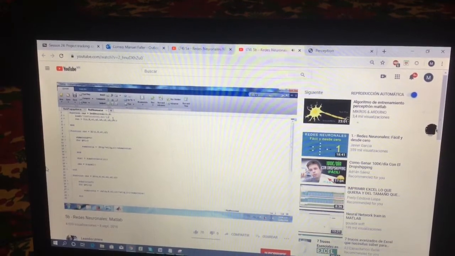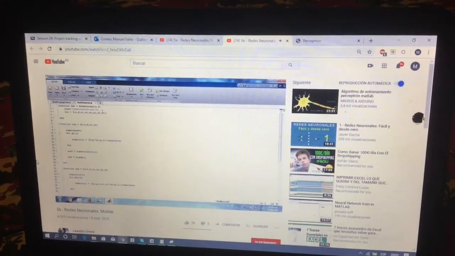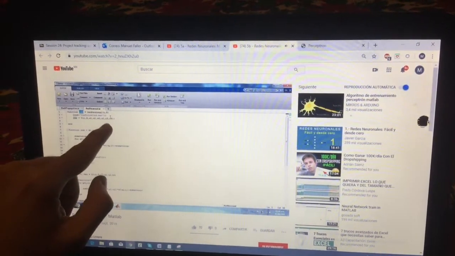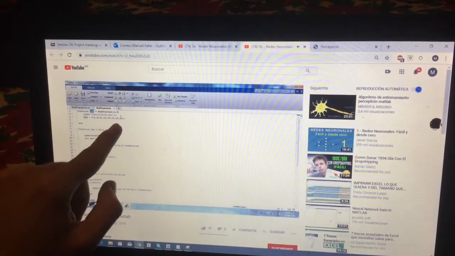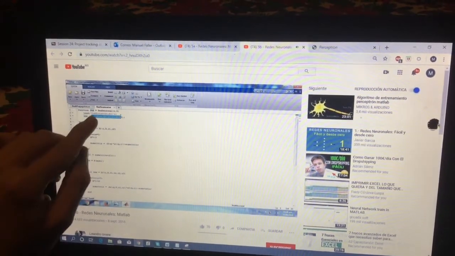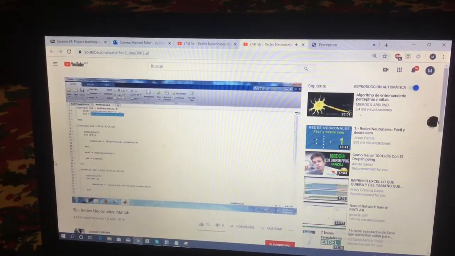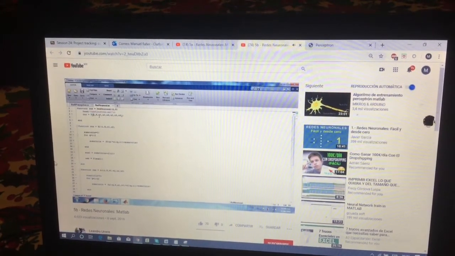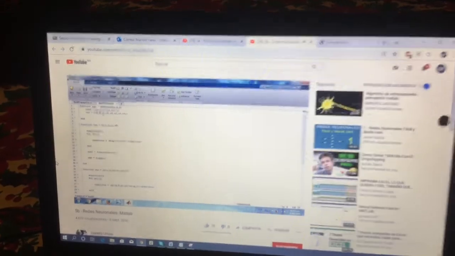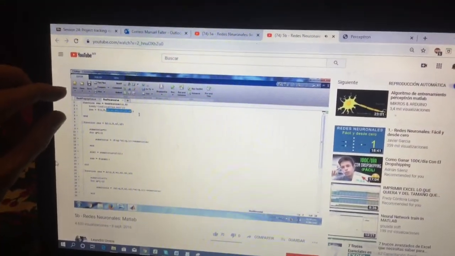We ask for the matrices for the data, and in these variables is where we store this data. So what we're going to have in this program is the result or the answer of the variables that are working among each other. These are the parameters, and this is just the function.